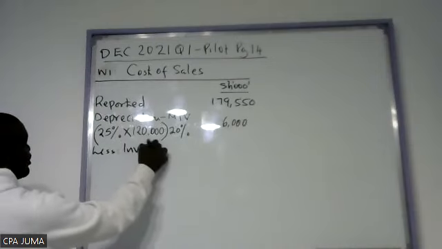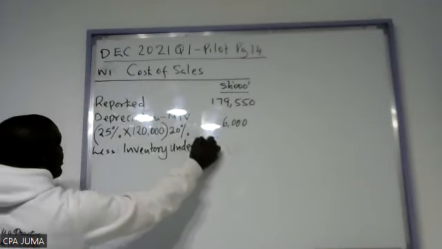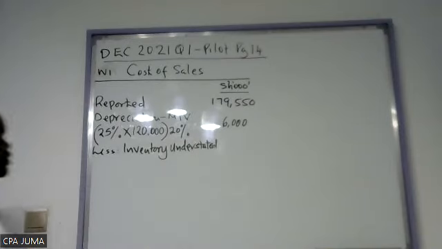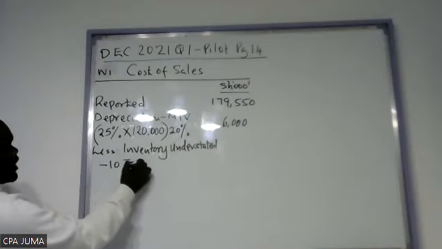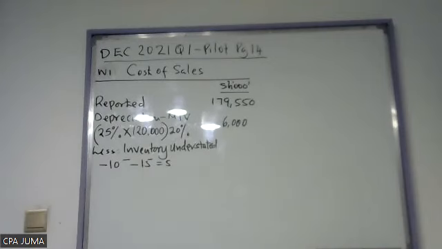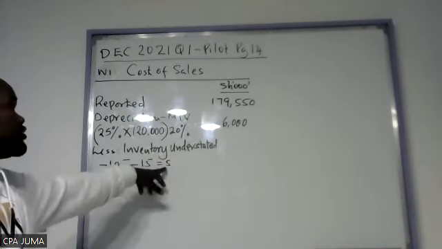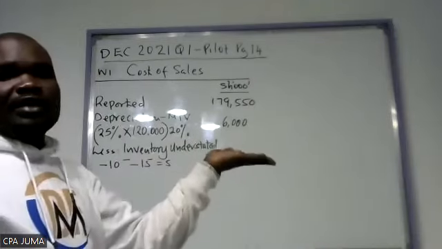inventory understated. So when it is minus 10 minus 15, which is 5, but now the positive 5 is like an overstatement.